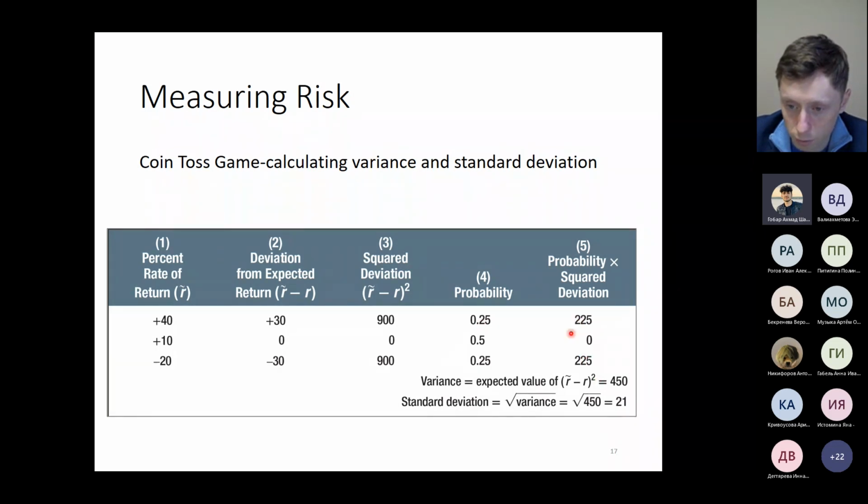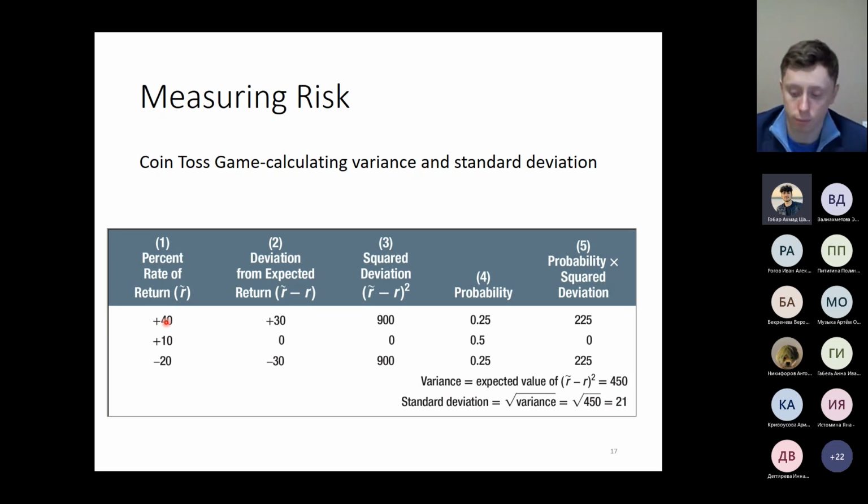Finally, we find the sum of those numbers: 225 plus 0 plus 225 is 450, and this 450 is the variance. The next step is to estimate the standard deviation, which is the square root of this number. This is already rounded here, and it is 21. So the 21 is in the same scale as 40 here. It is in percentage points.